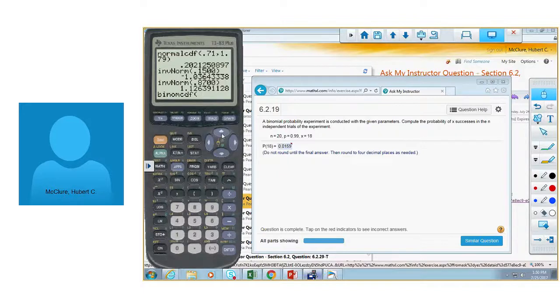This was the one I had a question about. Binomial PDF. You see why I get confused? Okay. Second bars. Plus I don't use the calculator all the time. Binomial PDF 20, comma, 0.99, comma, 18.